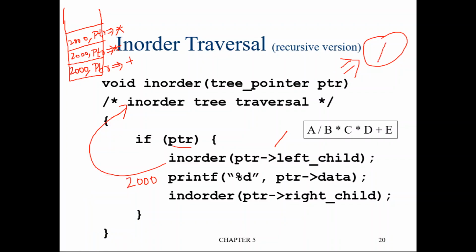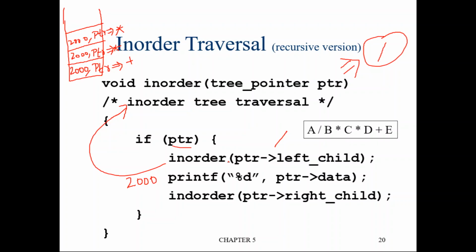That node will have a starting address. So again you come here and check whether PTR is not null. Yes, PTR is not null.